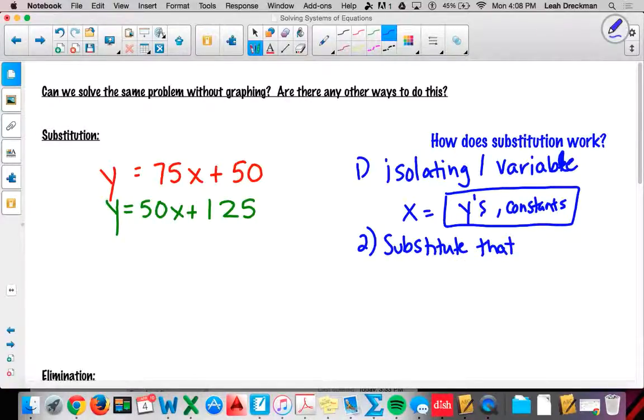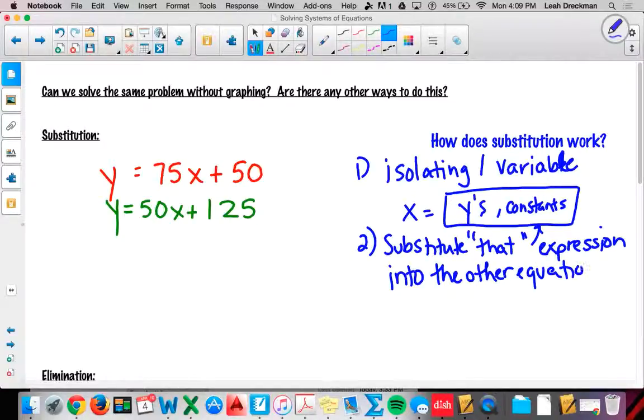When I say that, I'm going to just point up here. Substitute that expression into the other equation, for, in this case, x, since that's what I solved for, the variable that is isolated.